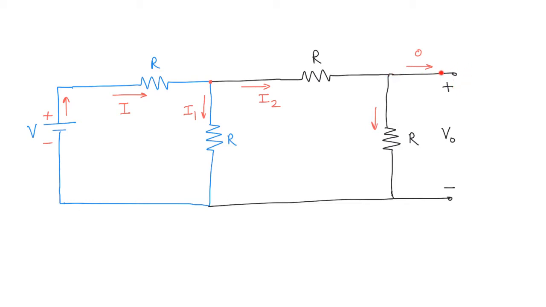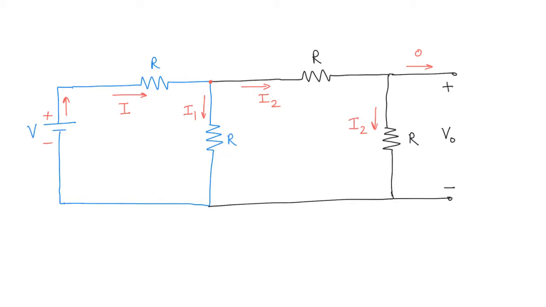Now we know that cannot happen, because if the charge is accumulated, then that is going to resist the flow of current. So currents can only flow in closed loops, and this is not a closed loop, therefore no current can flow. So all the current that flows through here, which is I2, is also going to flow through this resistor. So this is going to be I2.